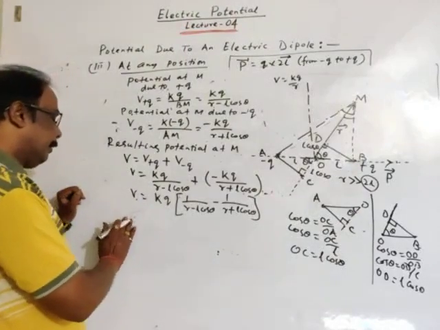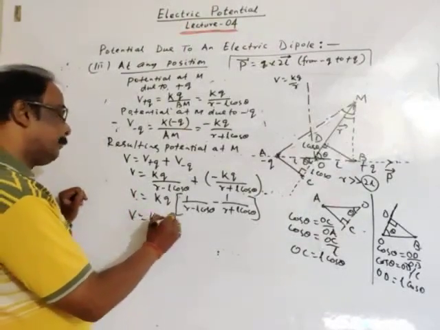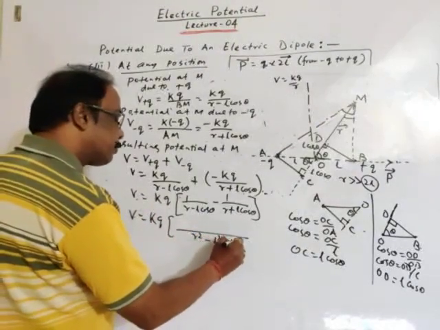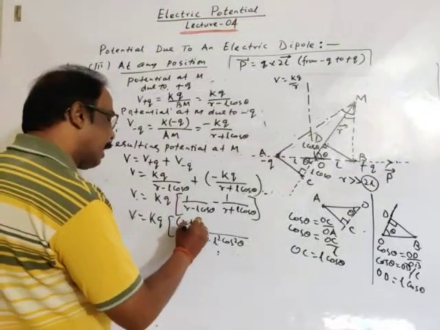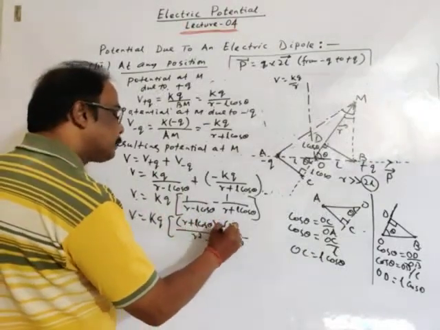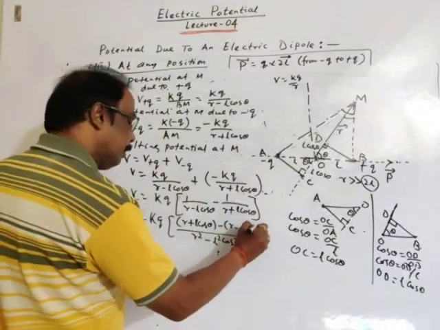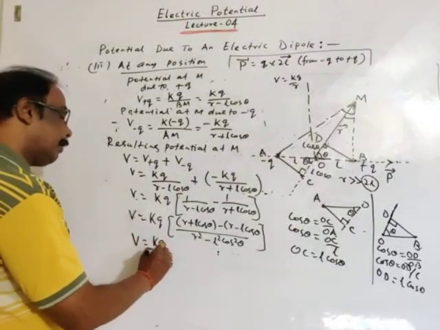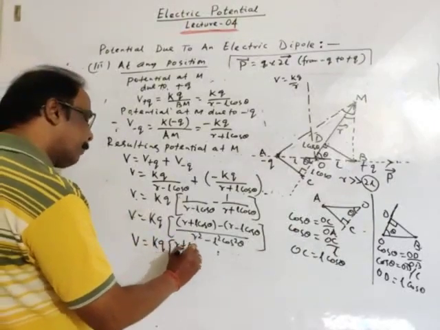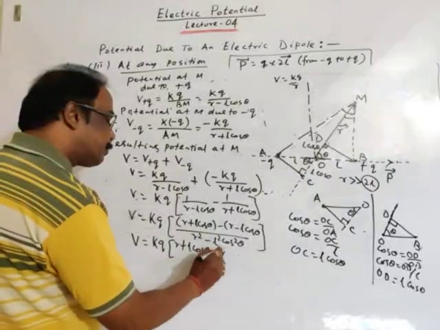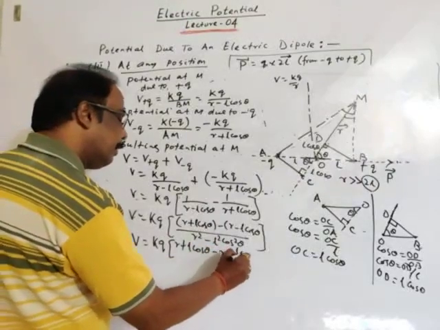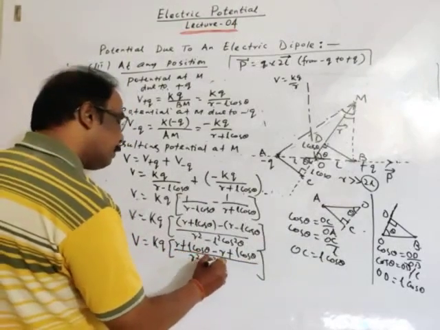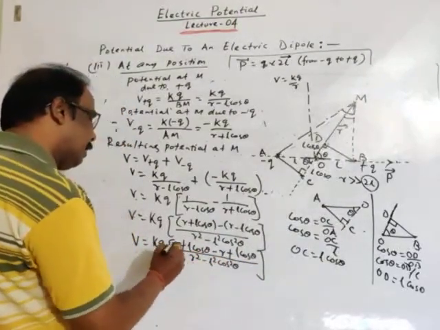Then the resulting potential is kq, inside the bracket the LCM is r square minus l square cos square theta, and in the numerator we will get r plus l cos theta minus r minus l cos theta. Finally, potential is kq into r plus l cos theta minus r plus l cos theta, divided by r square minus l square cos square theta.